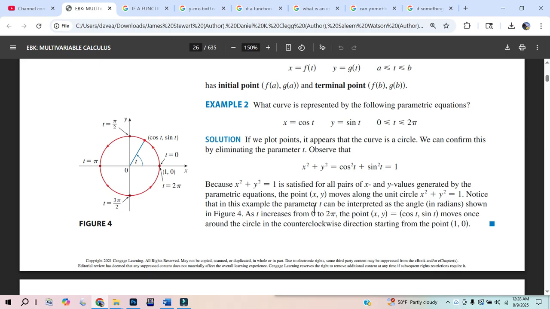Notice that in this example, the parameter t can be interpreted as the angle in radians shown in figure 4. As t increases from 0 to 2 pi, the point x and y equal to cosine t, sine t moves once around the circle. At time t, the x direction and the y direction make a right triangle, and the hypotenuse is the radius of the circle.